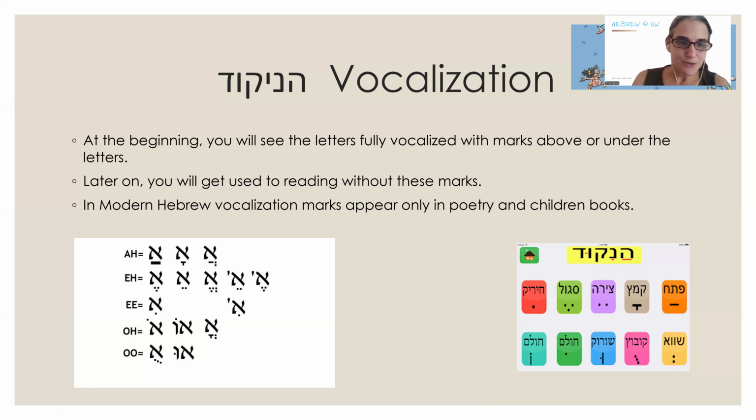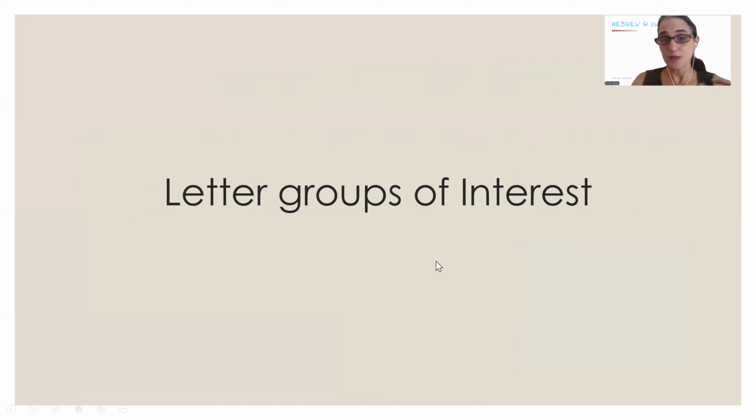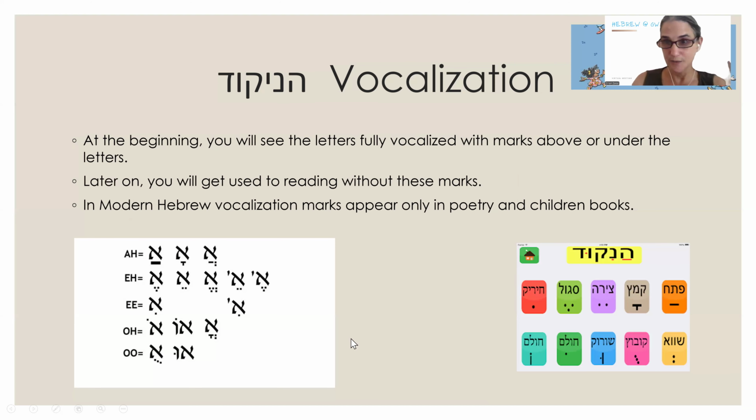You'll find those vocalization marks only in poetry books and in children's books, and also as a Hebrew learner. So what I'm saying is we will learn those marks, we will learn to identify them and read with them, and then slowly get used to reading without them, which is a process.